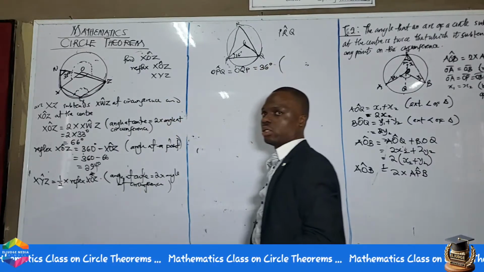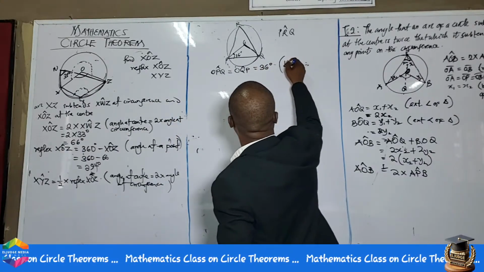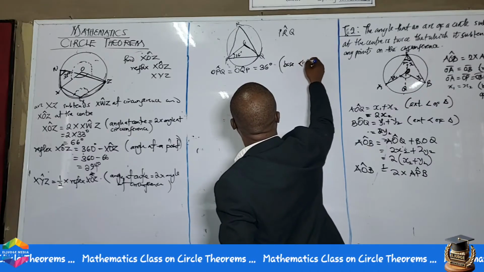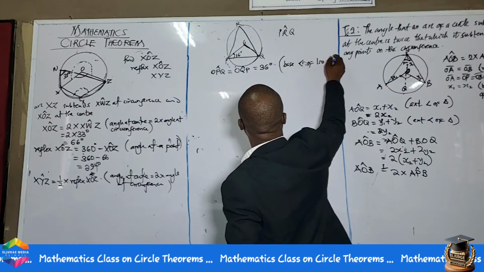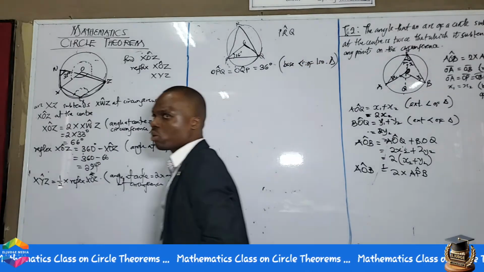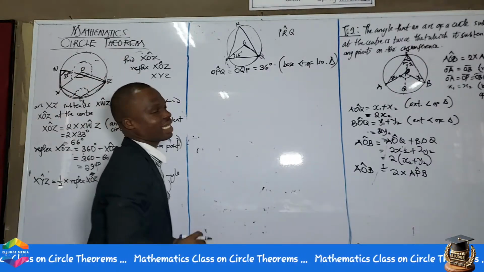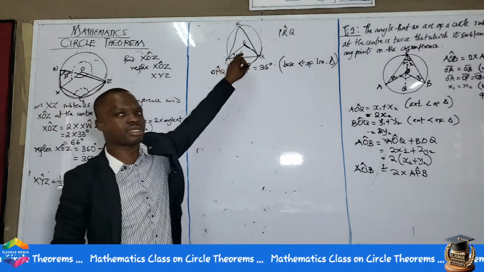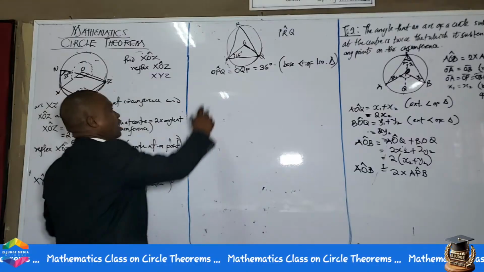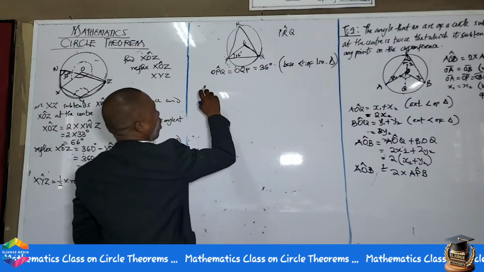You tell them the reason, and that is base angles of isosceles triangle. So we already know that this base is 36 and this part is also 36. Then we are looking for POQ.